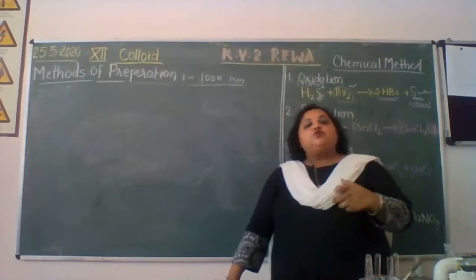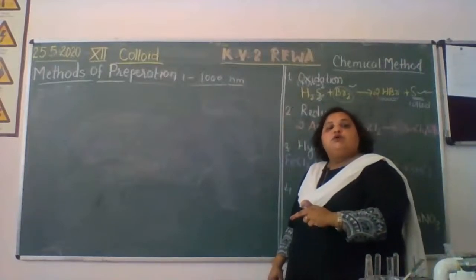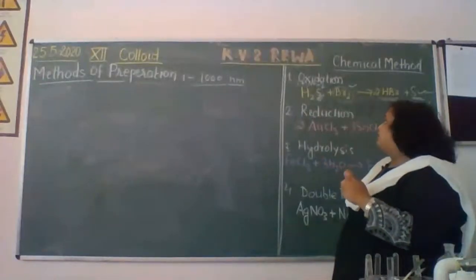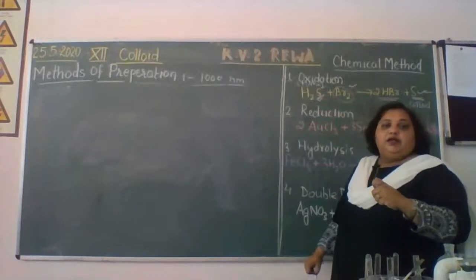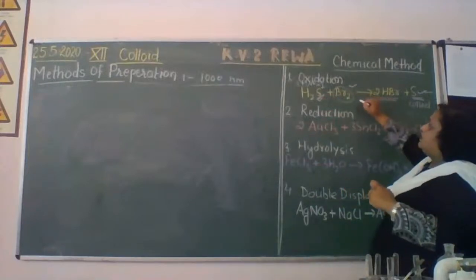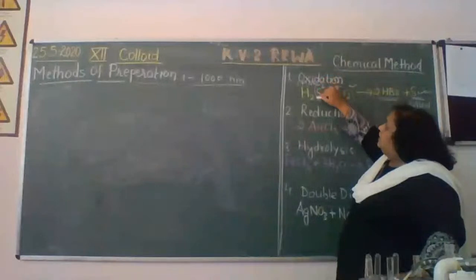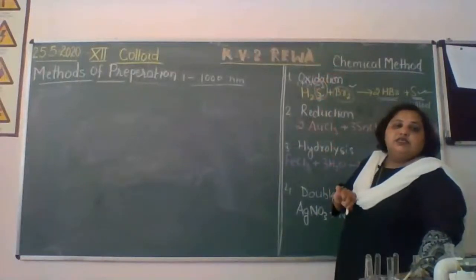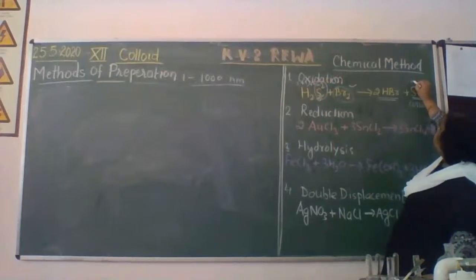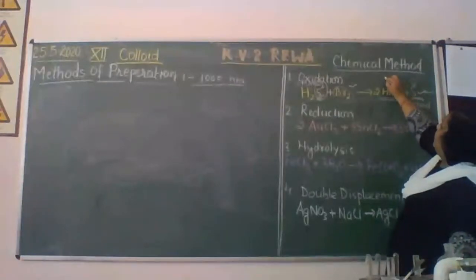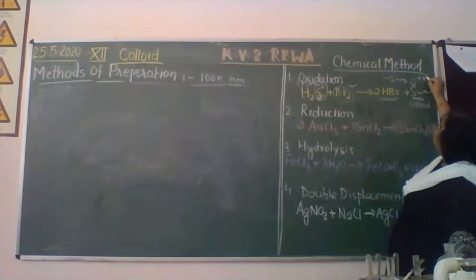My objective is to prepare the colloidal solution of sulfur, and for this purpose I have dissolved the H2S into bromine, right? In this case the sulfur was in the -2 oxidation state. Now you can see here sulfur is in the atomic state, that means its oxidation state is 0. -2 to 0 is a positive change in the oxidation state.